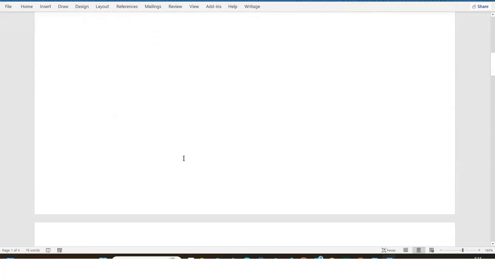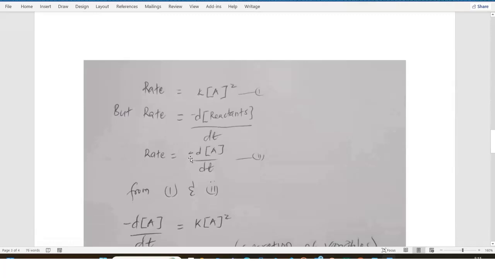And then when we go through by using the second order, obviously, here A is going to be representing hydrogen peroxide. So let's look at the model, since we have adopted the second order reaction. The rate is going to be k times the square of the concentration. But we know that the rate is negative d of the reactant divided by dt, the change in reactants over change in time.